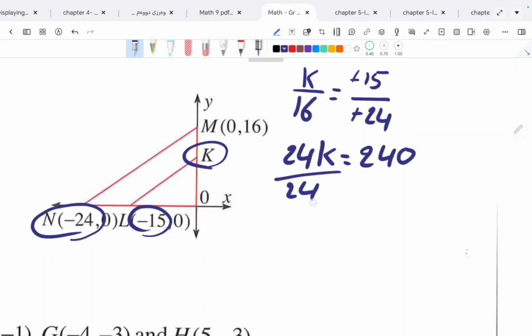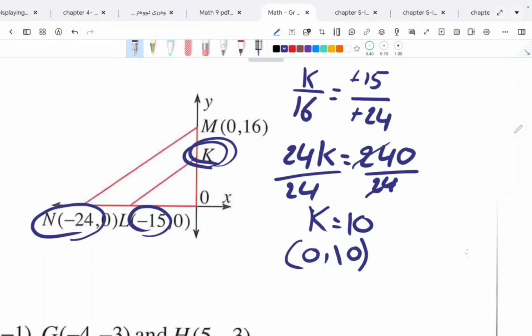Divide by 24, which is equal to 10. But it is 10, 0 or 0, 10, as you can see. It's on y-axis, so it will be 0, 10.